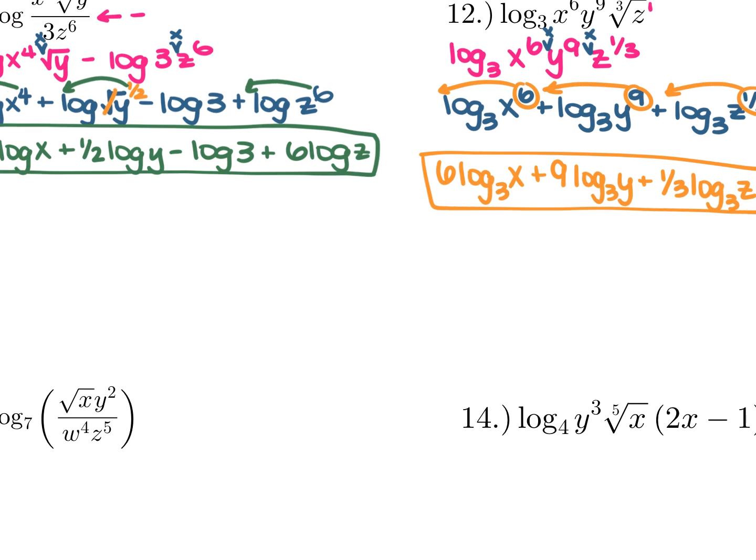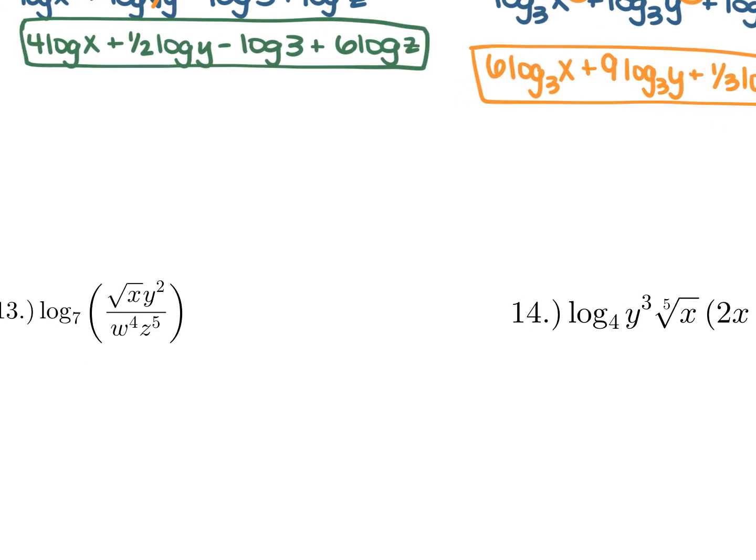For 13, you're given log 7 of the square root of x times y squared all over w to the 4th power, z to the 5th power. From here, you are going to first rewrite the square root as the power of 1/2.